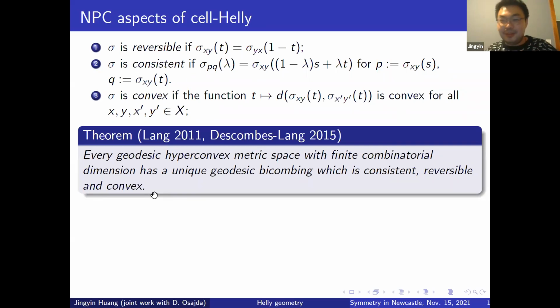That is the geodesic bicombing in that setting. For a general hyperconvex metric space, what they do is embed it into some linear space. In the linear space there is a natural bicombing, and then they retract back to the space to induce a bicombing of the metric space. I'm skipping the details, but that's the idea.